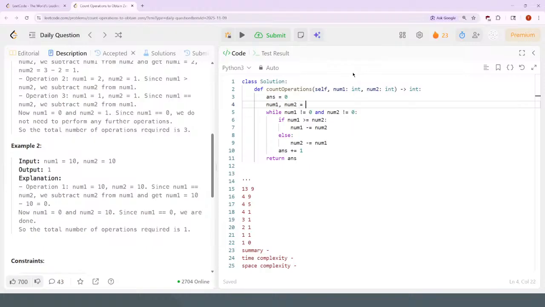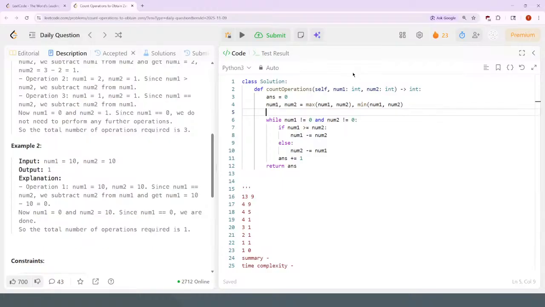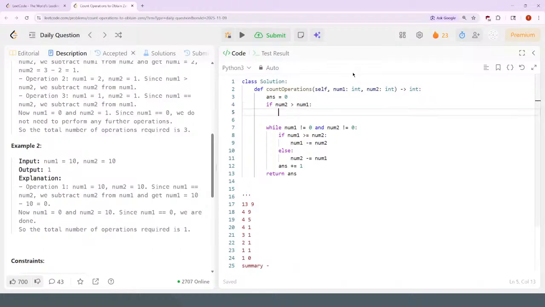Num1, num2 equals max of num1, num2, and min of num1, num2. Or I guess that's probably more complicated than if I just say if num2 is greater than num1, then num1, num2 is equal to num2, num1. Just do a swap. So therefore I guarantee that num1's bigger.